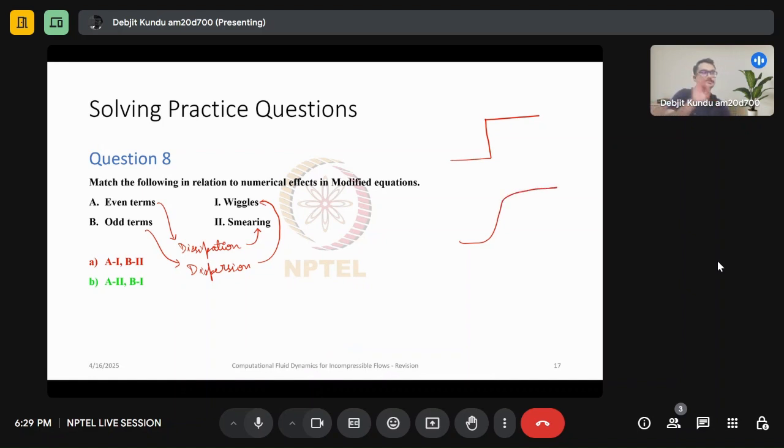It smears away the sharpness, whereas the odd terms will result in some wiggles forming like this in the solution, and this is known as dispersion. So the correct answer would be A2B1.